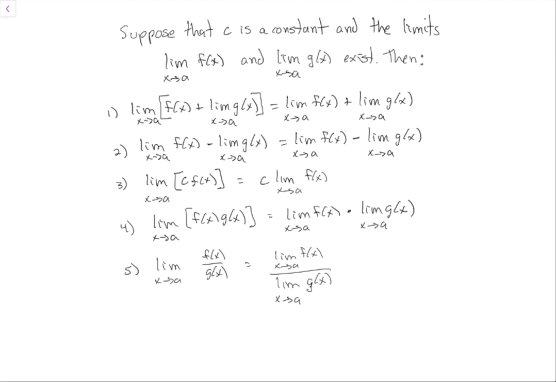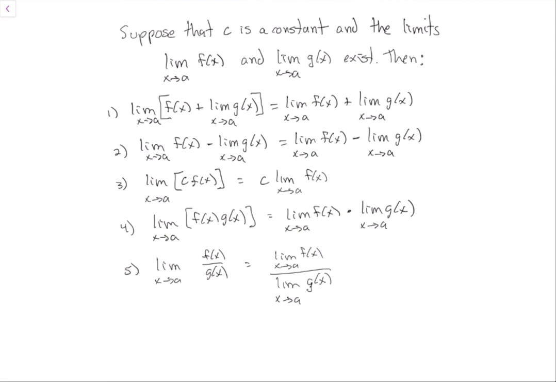But that first one says that a limit of a sum is the sum of the individual limits. And again, we're supposing that the limits of f and g already exist on their own. So that first sentence says, suppose that c is a constant and the limit of f as x approaches a, and the limit of g as x approaches a exist. Then each of these properties holds true.